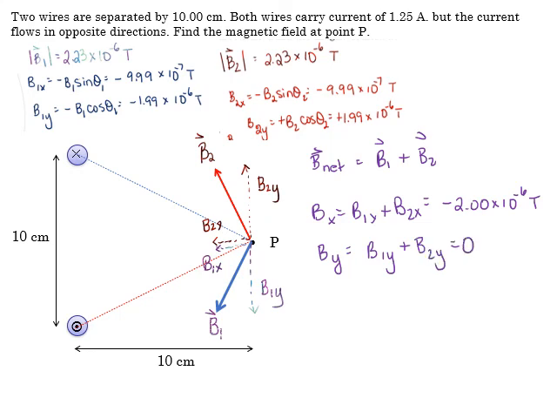They're equal and opposite, so they go to 0. So our total magnetic field vector then is minus 2 times 10 to the minus 6 teslas in the x direction, or I hat. So when you're doing these magnetic field problems, you have to find the magnetic field due to each wire. In general, you'll need to find the components, and then you'll need to do a vector sum.